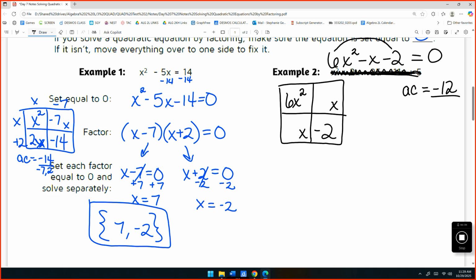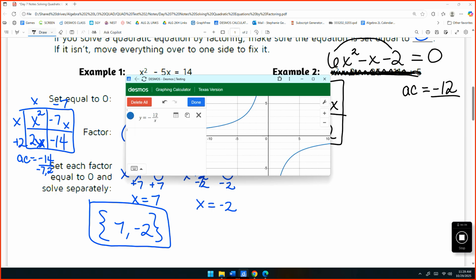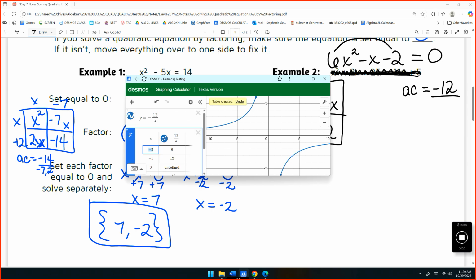So now I need two numbers that multiply to make negative 12, which add up to our middle number, which is negative 1. So factors of negative 12 that add up to negative 1.